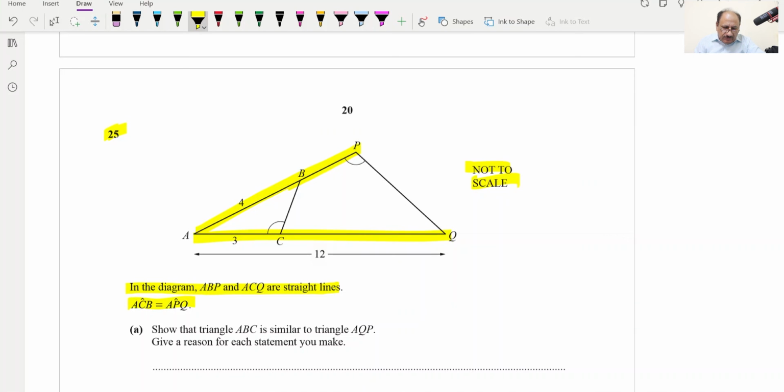Angle ACB is equal to angle APQ. A part: show that triangle ABC is similar to triangle AQP. Give a reason for each statement. We have to provide a reason for each statement.